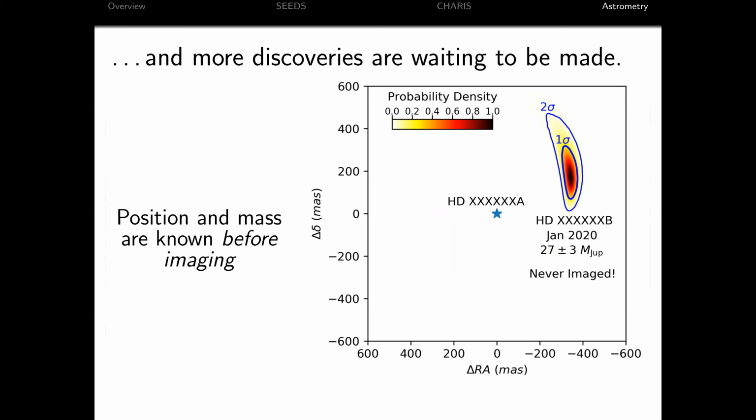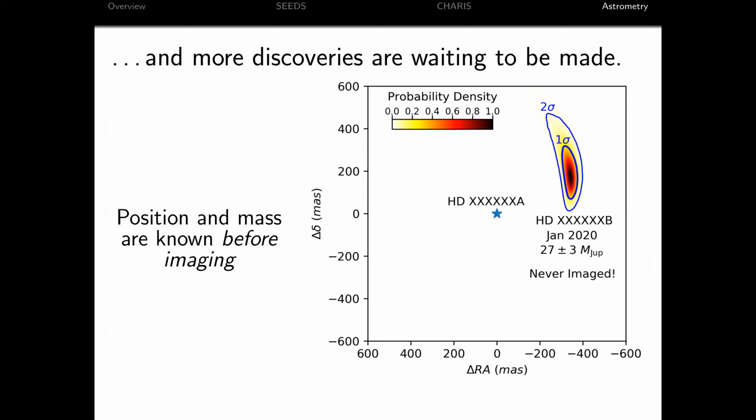Here's one that we haven't imaged yet, but it's very reminiscent of the case with Neptune, where we could tell that Neptune was there based on the motion of Uranus that wasn't quite what we had predicted. In this case, the star is being tugged across the sky in a way that we didn't predict.